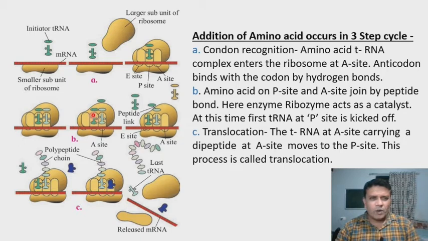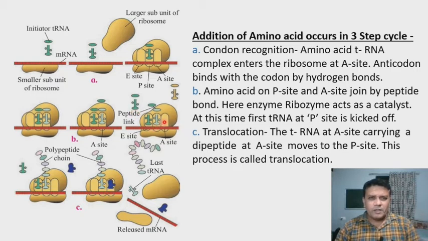So after joining of the amino acid molecules from both these tRNAs, the tRNA is kicked off to the E site, that is the exit site, and the amino acid molecule remains attached to the tRNA complex at the P site. And through this E site, the empty tRNA molecule will come out inside the cytoplasm.